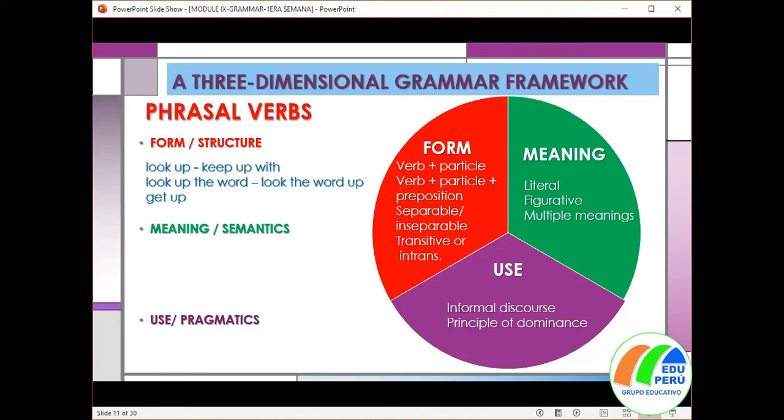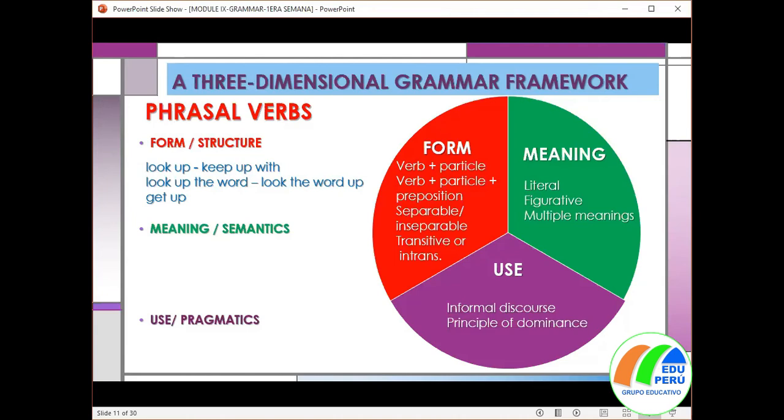We're analyzing the form of this grammatical structure, that is the phrasal verbs. How is it made? We use a verb plus particle or maybe two particles. Some of them could be separated, some of them are not separated. Some verbs are transitive, some verbs are intransitive. So we are analyzing the form, the structure.